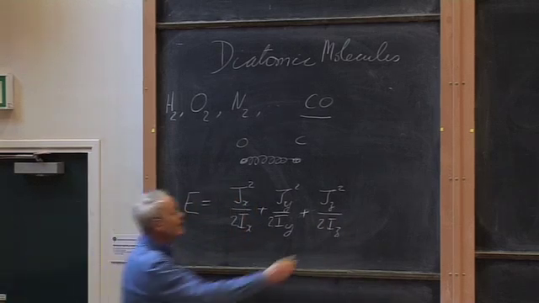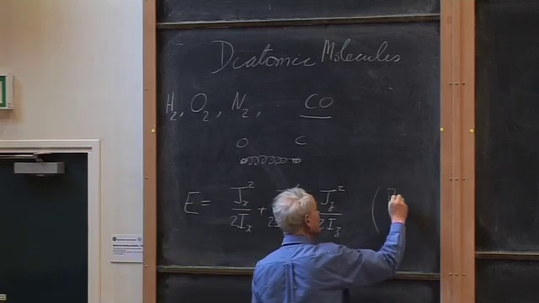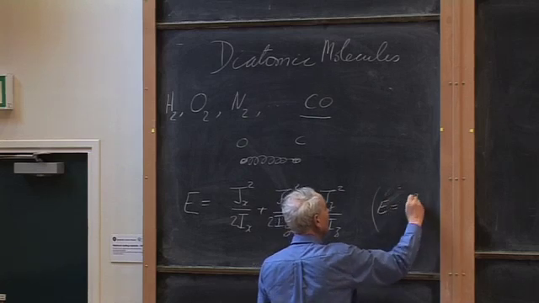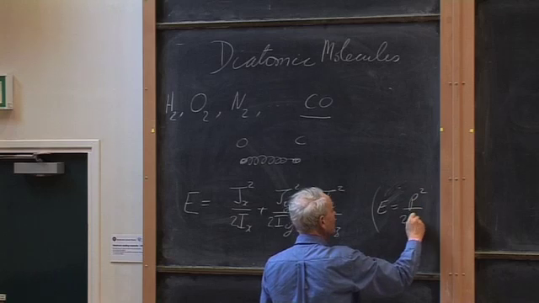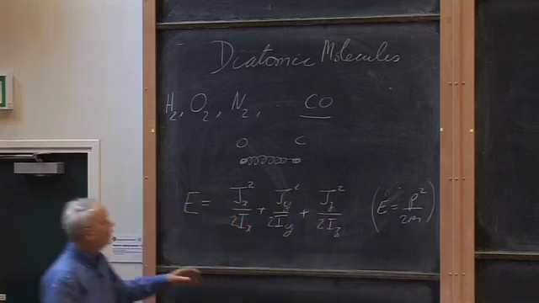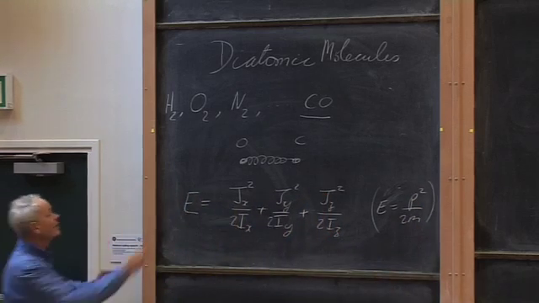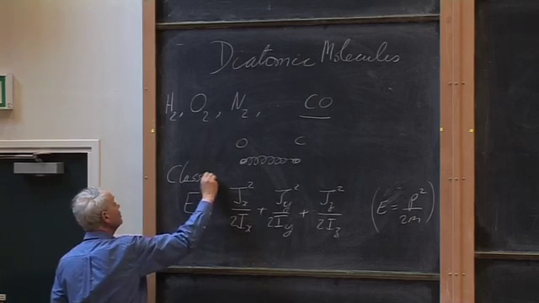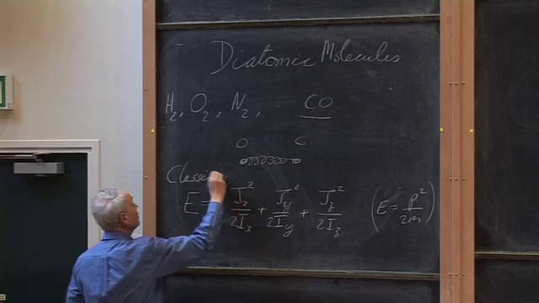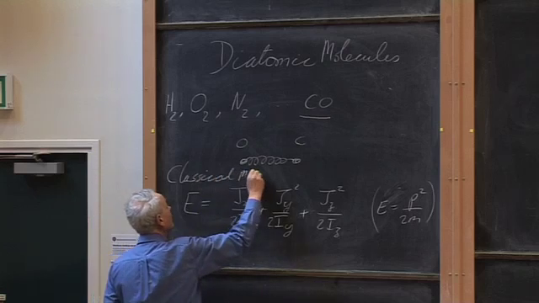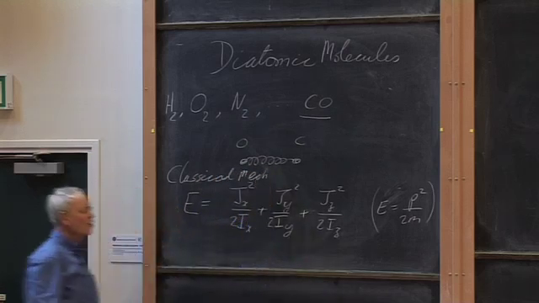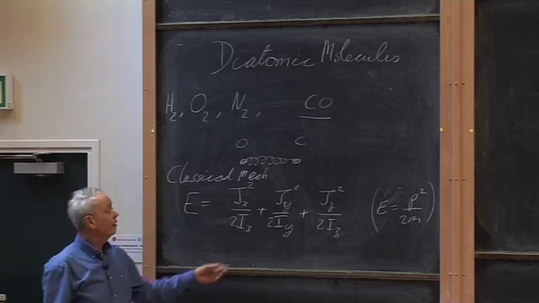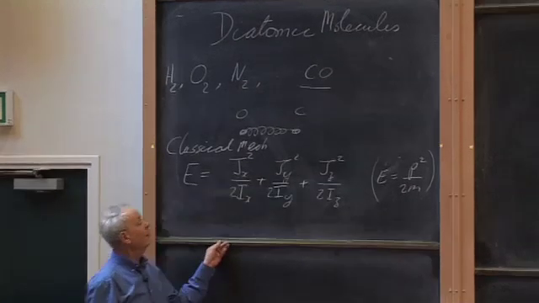So this is a piece of classical physics, reminiscent of the fact that the kinetic energy of a moving particle is p squared over 2m. This is classical mechanics, and those who did short option 7 will, I hope, recognize this formula.